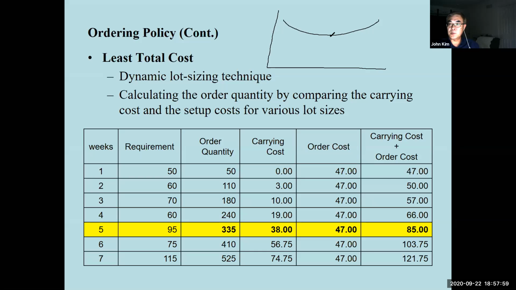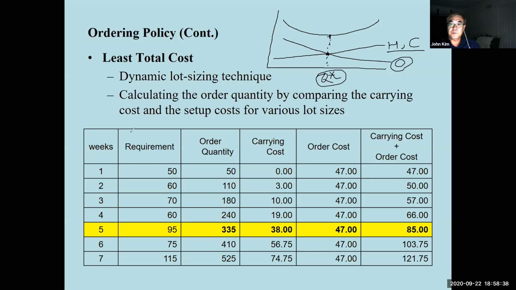And on this point, the optimal Q point, holding cost or carrying cost equals ordering cost.